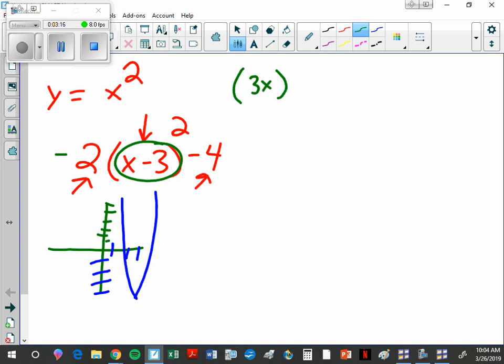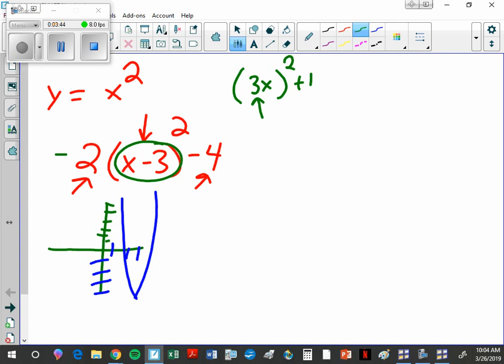Okay, well, what if I had 3x squared plus 1? Well, that affects the x's. It's on the inside. And if we times all of the x values by 3, what would you expect to happen? You would think that all the x's would get 3 times longer. But the x-axis always works backwards, so multiplying by 3 actually brings it in closer to the y-axis.